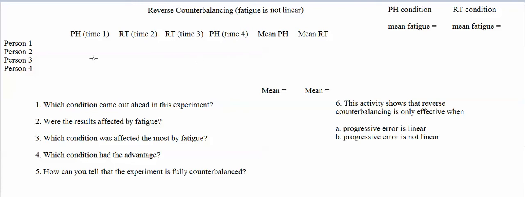So they're getting more and more tired, but it's following a curve and not a straight line. And at the end, you'll tell me what this is showing to be true about reverse counterbalancing.